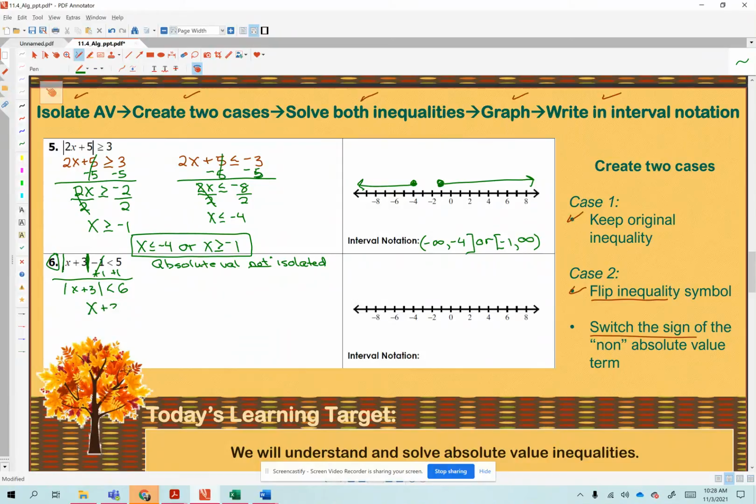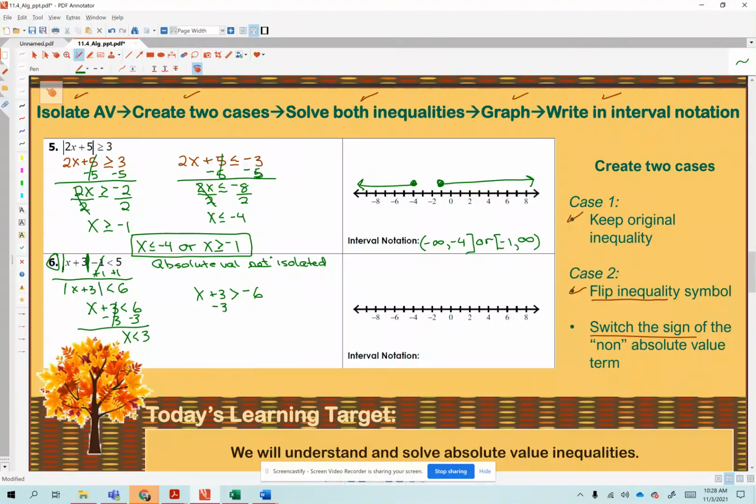X plus 3 is less than 6. X plus 3 is greater than negative 6. So we'll subtract 3 from each side of the first inequality, and we have x is less than 3.